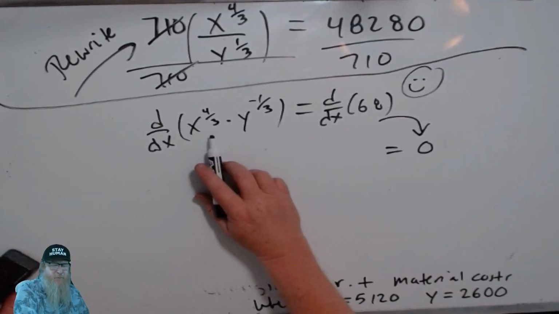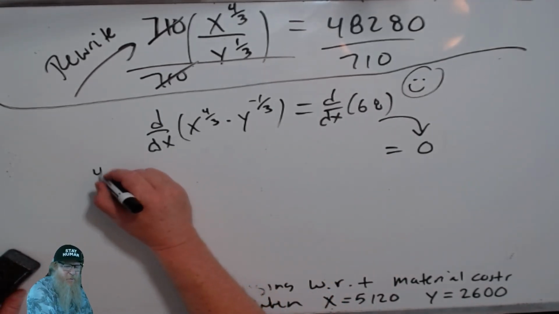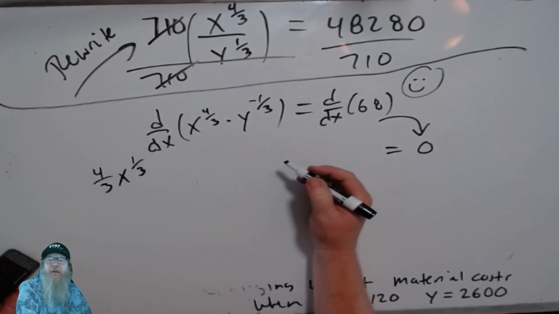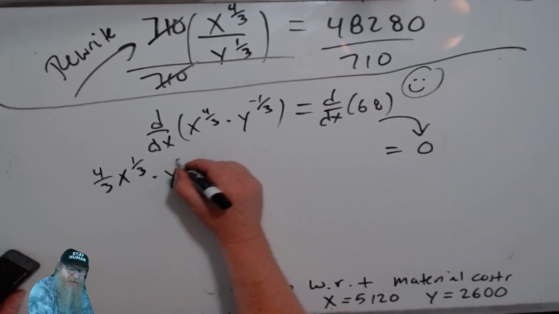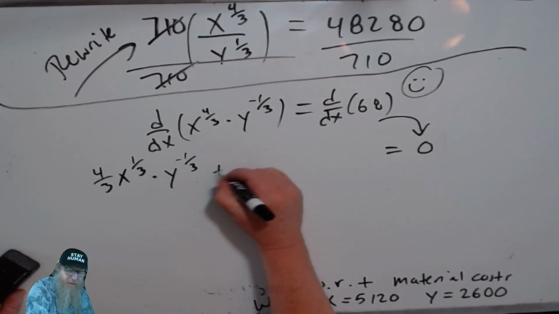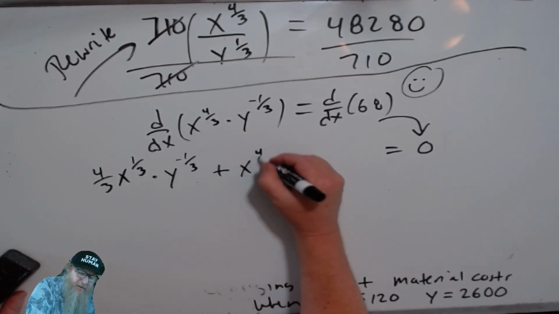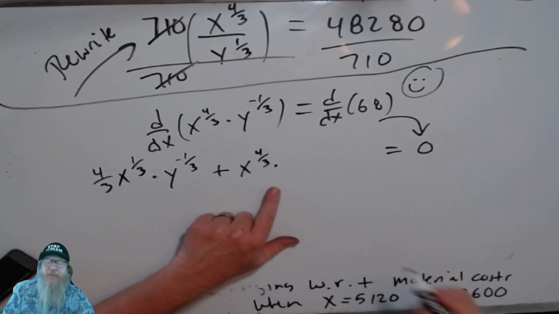Now we'll do the product rule. The derivative of the x factor is 4/3 x to the 1/3, times the y factor, y to the negative 1/3, plus the x factor, x to the 4/3, times the derivative of the y factor.